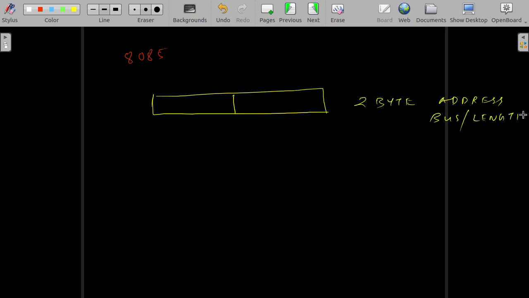That is, it has a 16-bit address. So let's say it is A0 to A7 and A8 to A15.